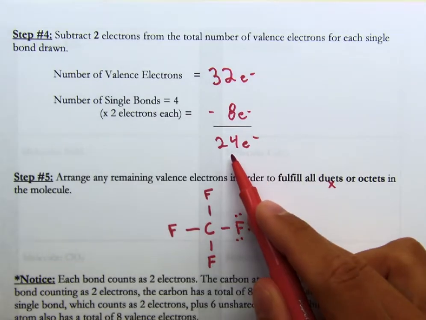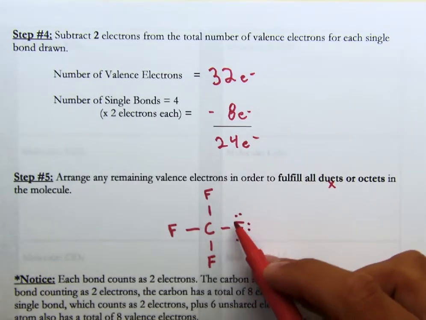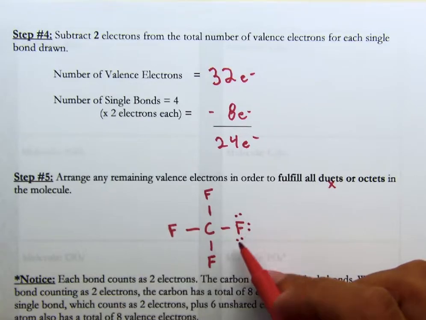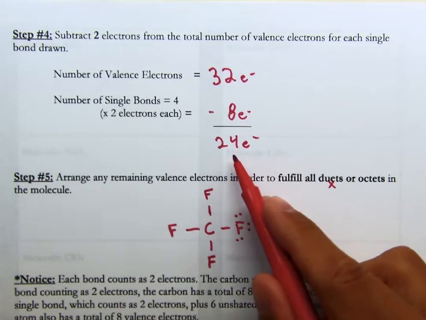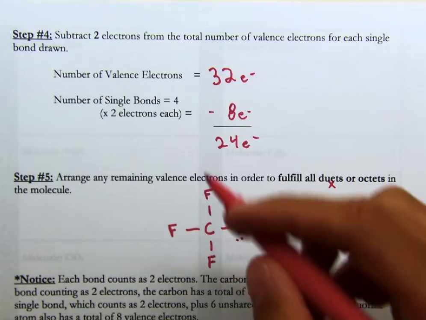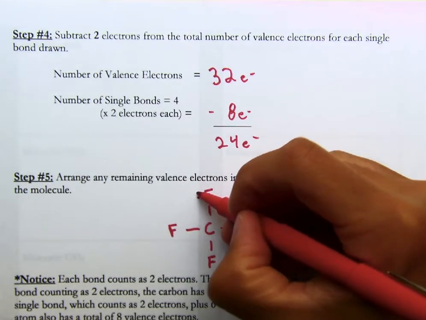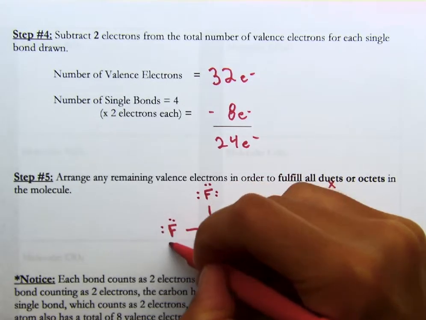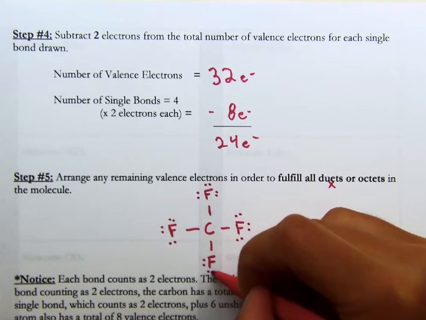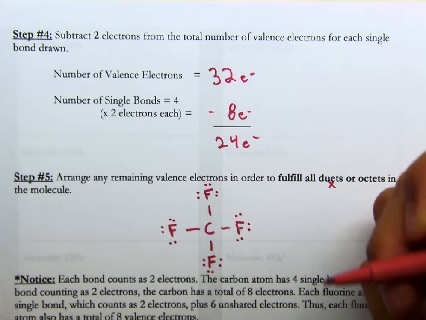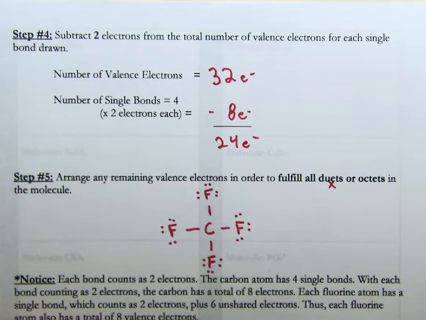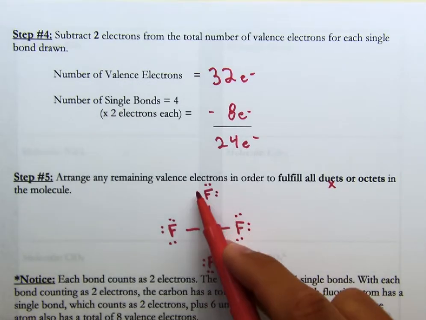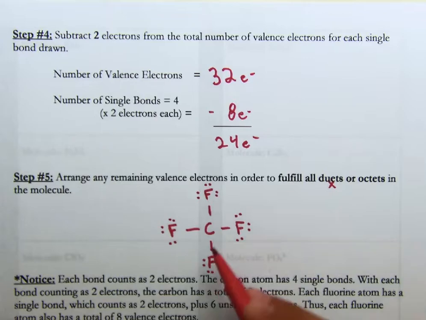And you can see that we have 24 electrons and there are 4 fluorines. So we could put 6 on each fluorine, and 6 times 4 is 24. It's going to work out perfectly. So I'm putting in the lone pairs. Now if you look at this, each fluorine has 2, 4, 6, 8, and the carbon has 2, 4, 6, 8.